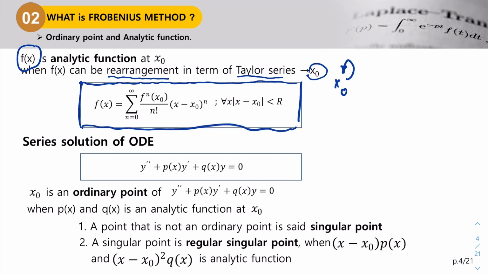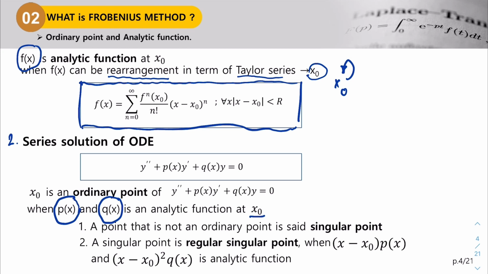Okay, and the series solution of an ODE, its general form is y'' + p(x)y' + q(x)y = 0. x0 is an ordinary point of y'' + p(x)y' + q(x)y = 0 when p(x) and q(x) are analytic functions at x0.